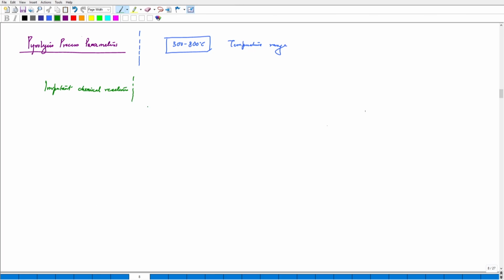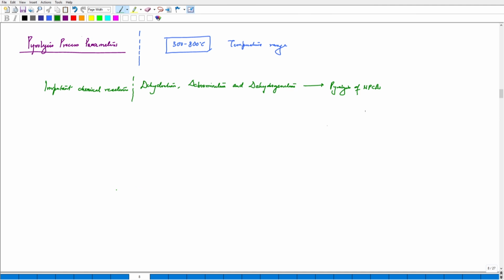So we have dehydration, debromination, and dehydrogenation. So dehydration and dehydrogenation both are present in the pyrolysis of WPCBs.